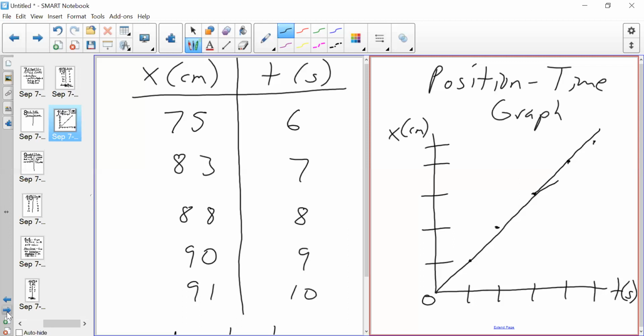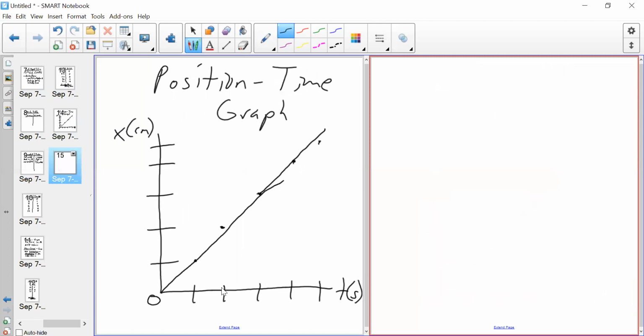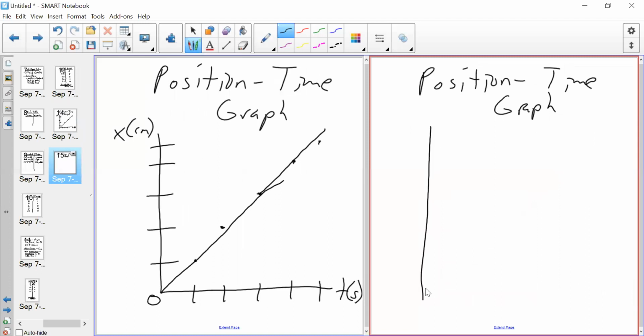Now, let me go to the nonlinear case. So we have another position time graph. I'm going to put all the numbers there. Now that you've grabbed all of your data and put it in your data table, you've determined that it's nonlinear and the gaps are growing, the gaps are increasing.